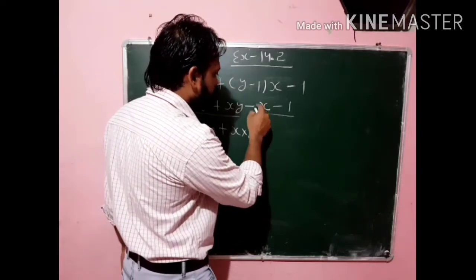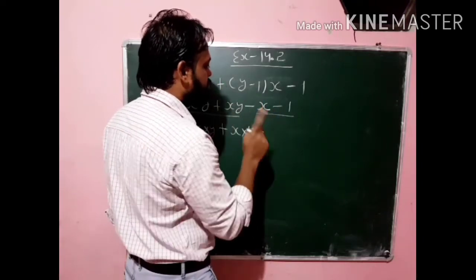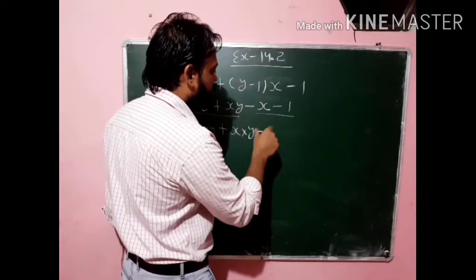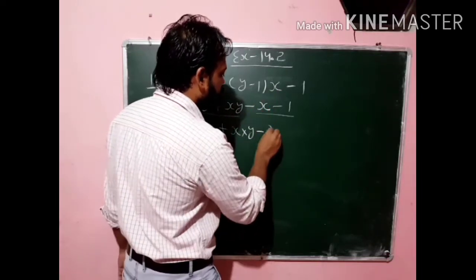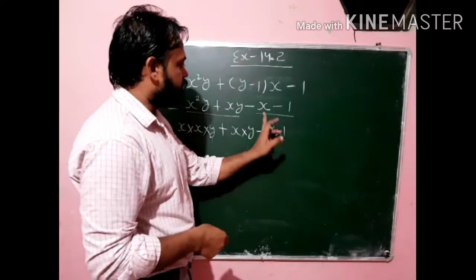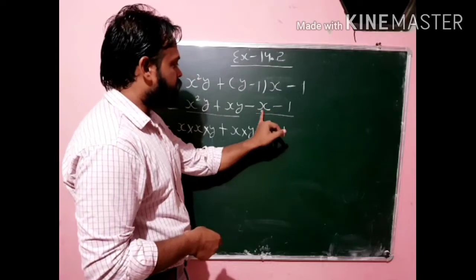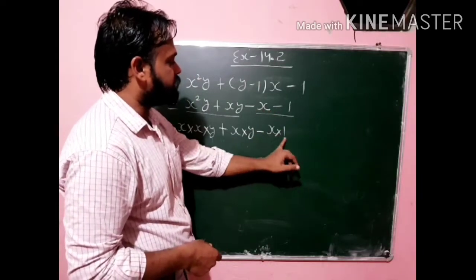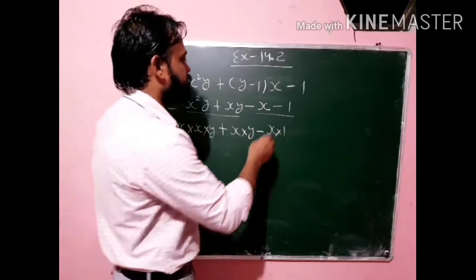Now you can see there is a single variable in this term. So how can we make the factor of these kind of terms? By multiplying it with 1. In this way we can make the factor of a single term. If only a single term is given, then we can write it as x multiplied by 1, because x ones are x. So it is clear to you now.